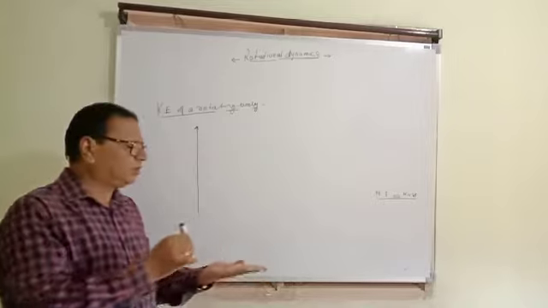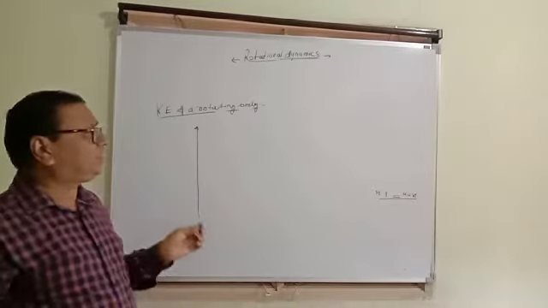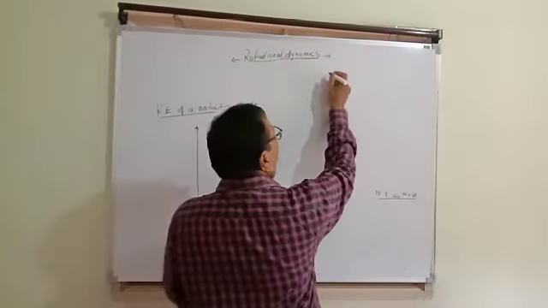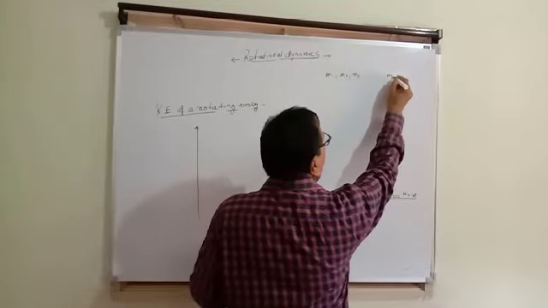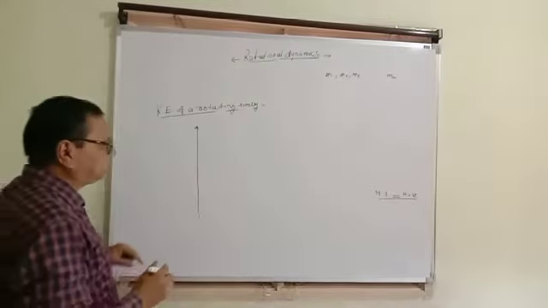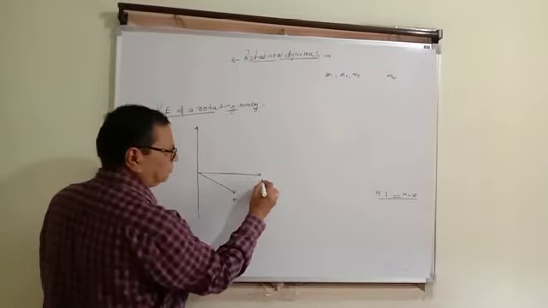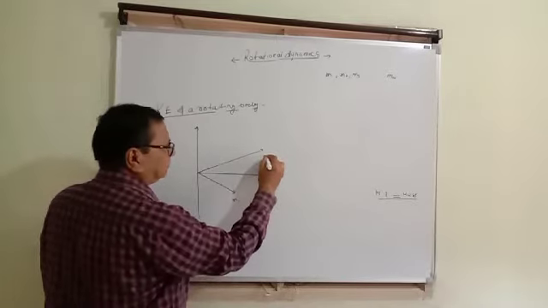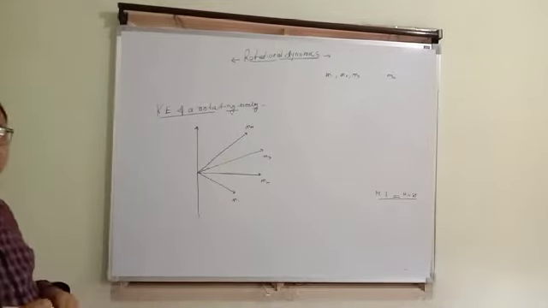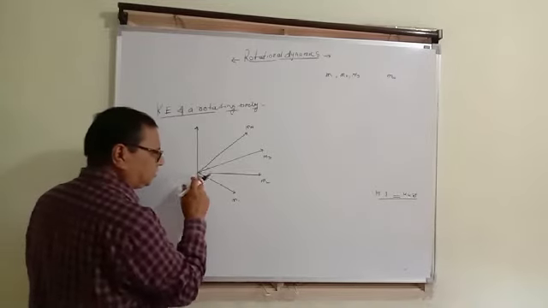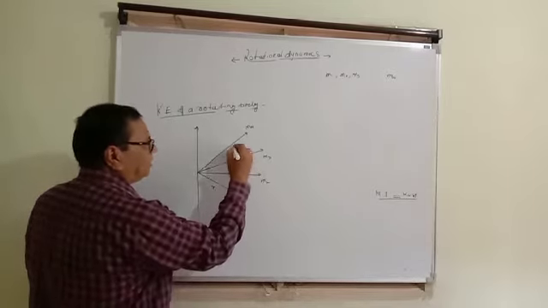The rigid body is in this plane, and the axis of rotation is perpendicular to the plane of the body. A rigid body consists of a large number of particles, say particle 1 of mass m1, another particle of mass m2, another of mass m3, say the nth particle of mass mn.